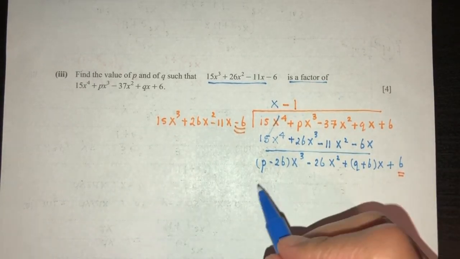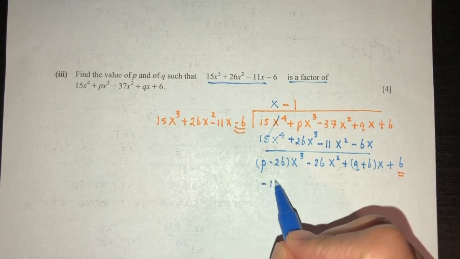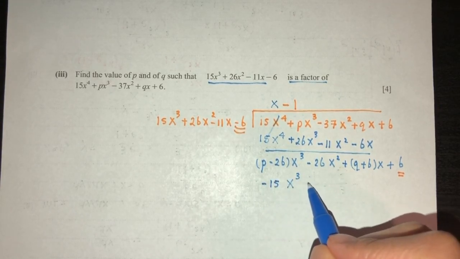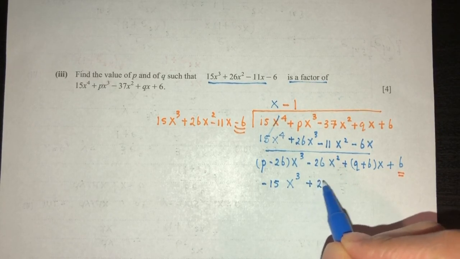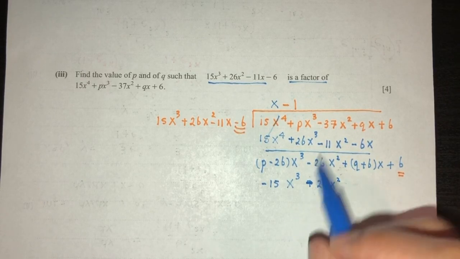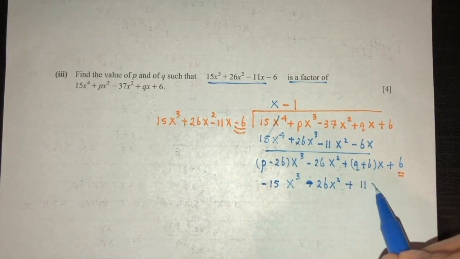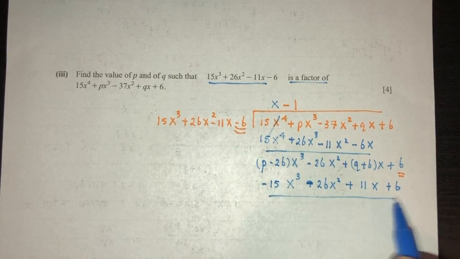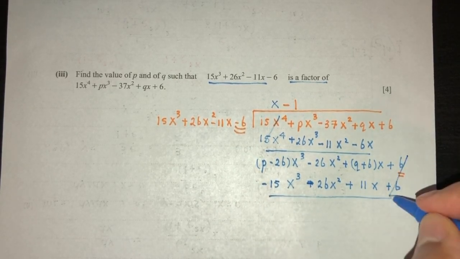So you will have minus 15x cubed, and this will become minus 26 x squared, and become plus 11x and plus 6.